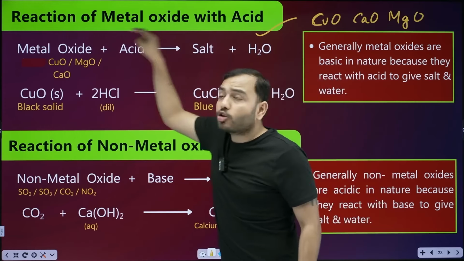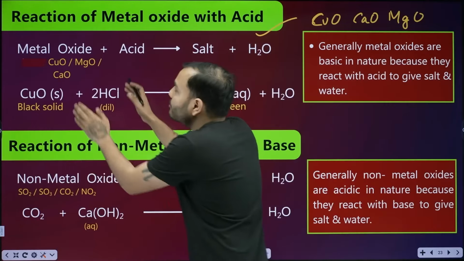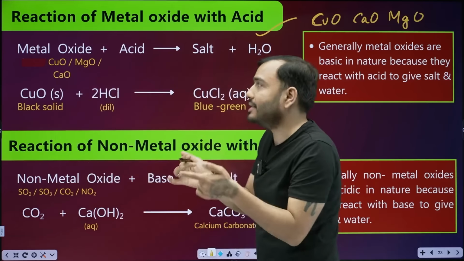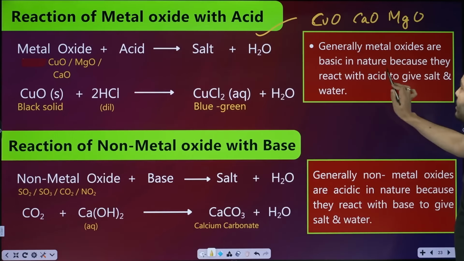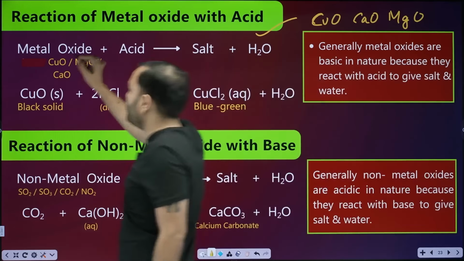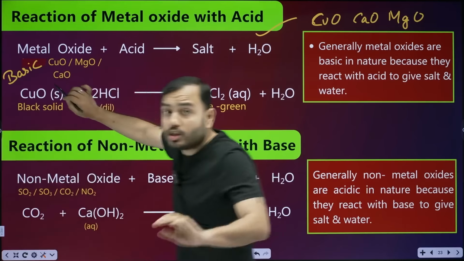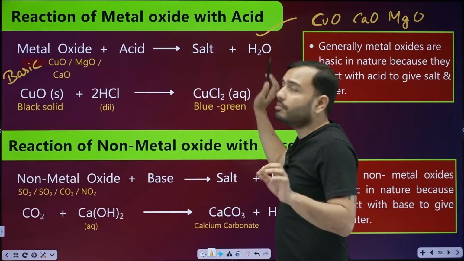But who reacts with acid to form salt and water? A base. This means metal oxides are basic. Generally, metal oxides are basic in nature because they react with acids to give salt and water. If asked in the exam, this is the reason.